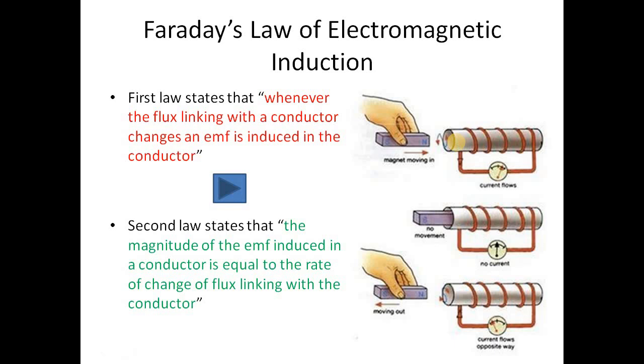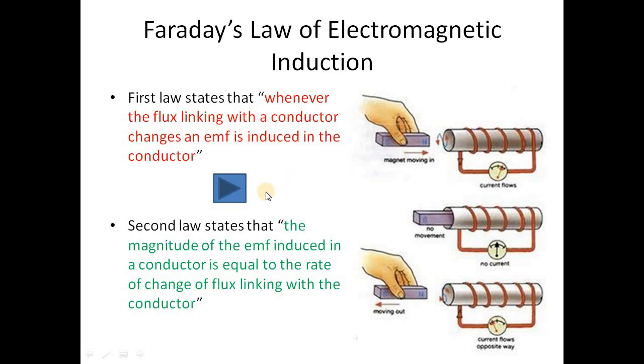But the magnitude of that EMF is directly proportional to the rate of change of flux linking with the conductor. In the sense, the faster we move this magnet to and fro, the greater the magnitude of the EMF induced. It is directly proportional to the rate of change of flux linking with the conductor.